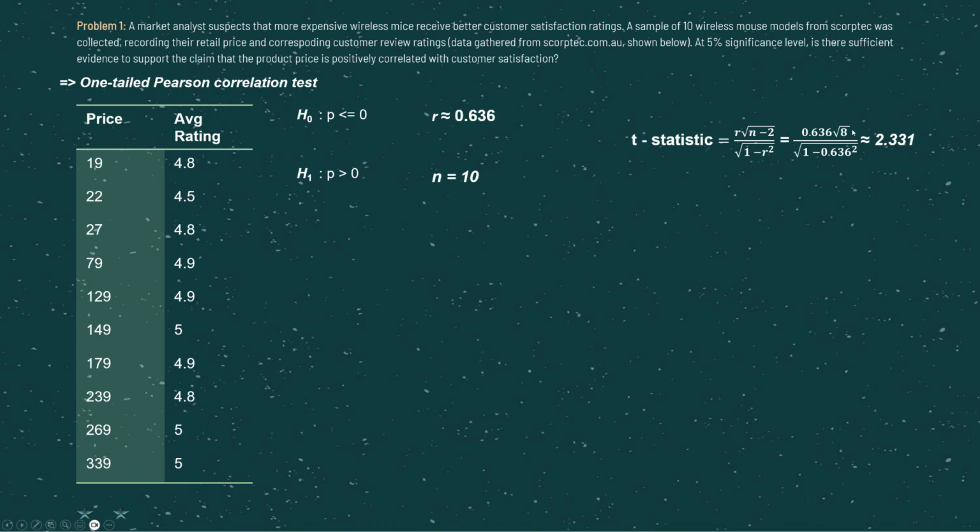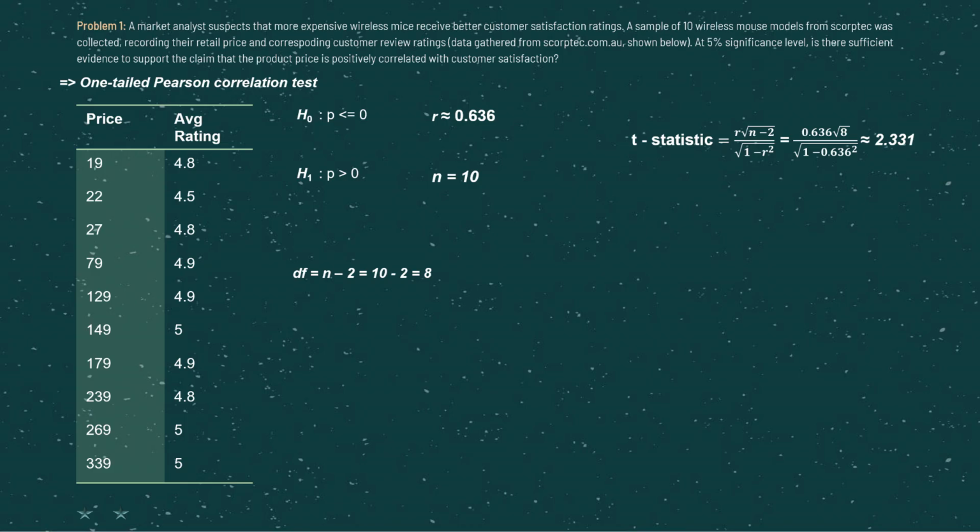We plug the real data in, and the eventual value is 2.331. Now we're working with two subjects, which is the price and the average rating, so our degree of freedom should be observation value n minus 2, which is 8.